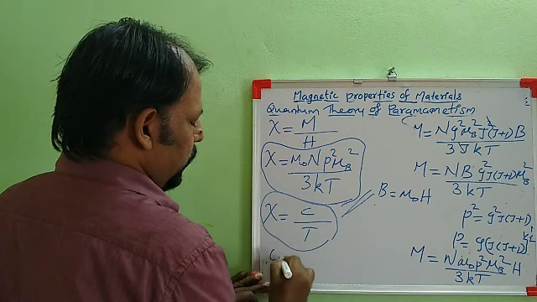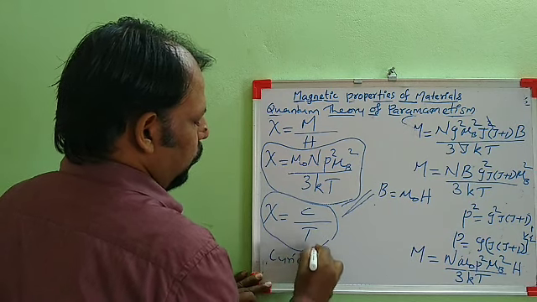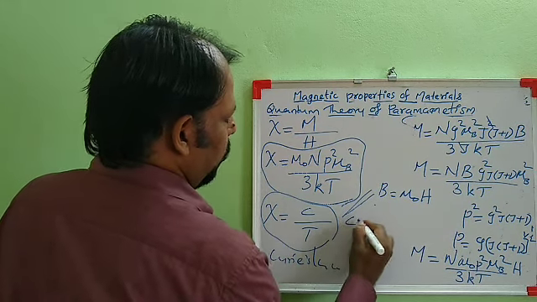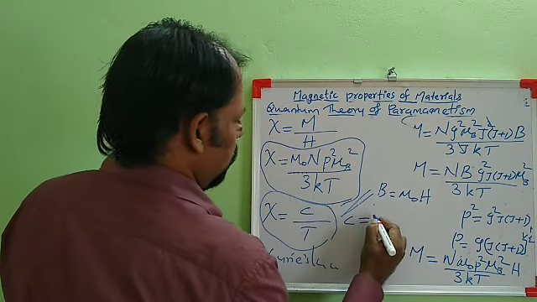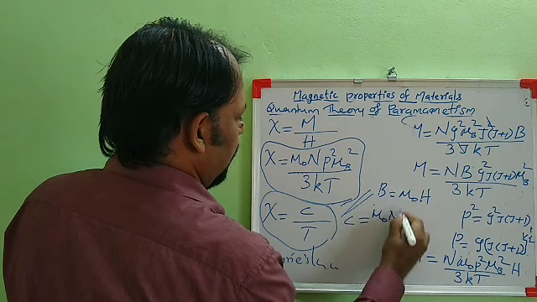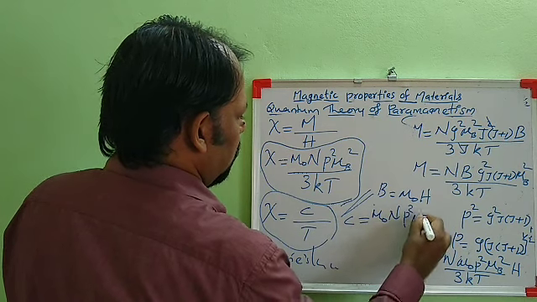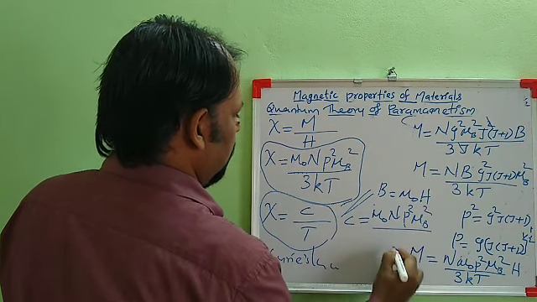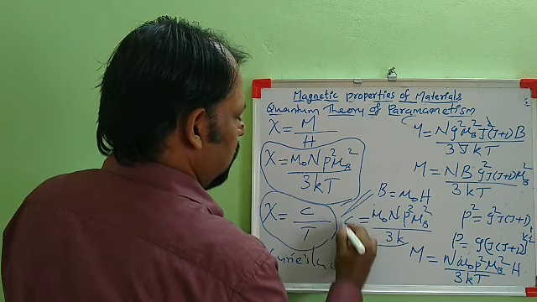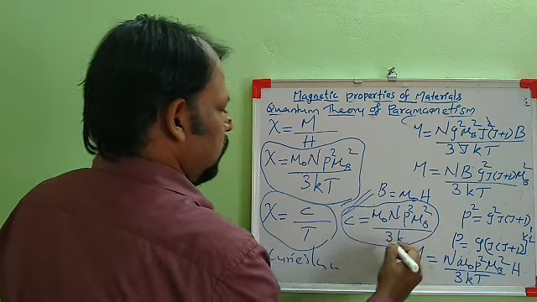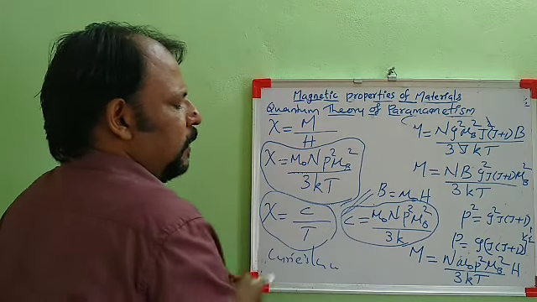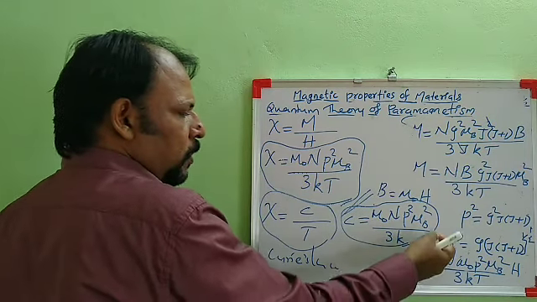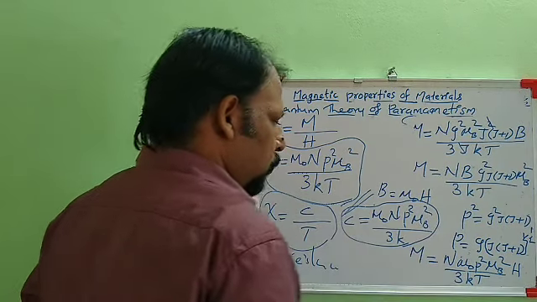This is called Curie's law. And where the Curie constant C equal to mu 0 N p square mu_B square by 3 k. N is the number of atoms per unit volume, p is the effective number of Bohr magnetons, and mu_B is the Bohr magneton.